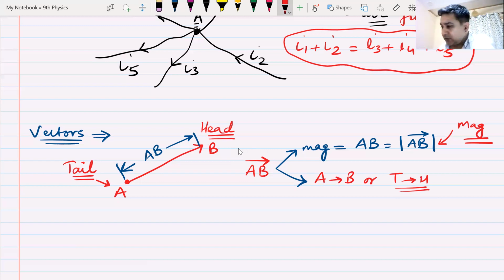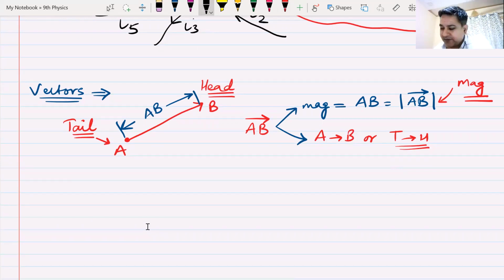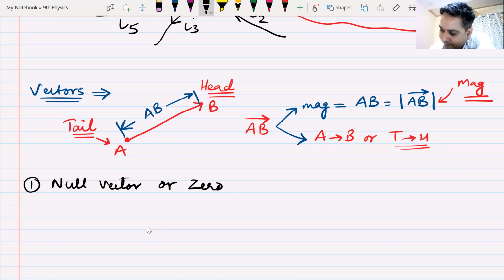Okay. Now, since we have seen this, we can also see some different types of vectors. Number one is null vector or zero vector. What will be null vector or zero vector?